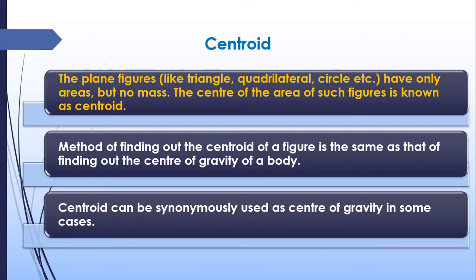So the center of that particular area is known as centroid. Center of gravity and centroid are similar. In the case of these plane figures, the center of gravity will be equal to the centroid. So they can be used synonymously in some cases. That is the relation between these two terms.